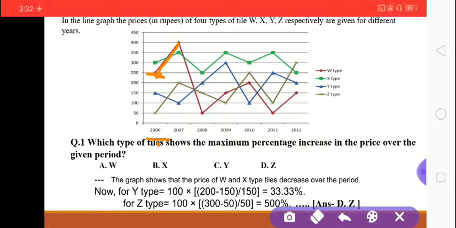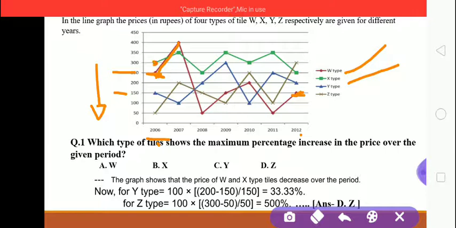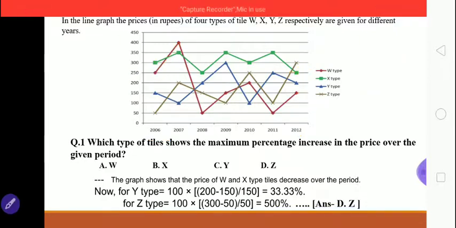From 250 rupees it has come down in 2012 to 150 rupees. That means the price of the W type of tile decreased from 250 to 150. Next, the X type of tile started in 2006 at a price of 300 rupees and ended in 2012 at a price of 200. That means there is also a decrease in the price over the period.